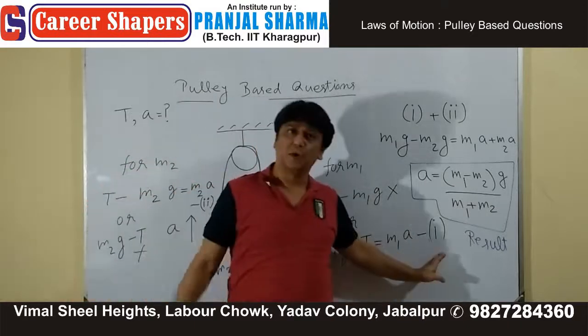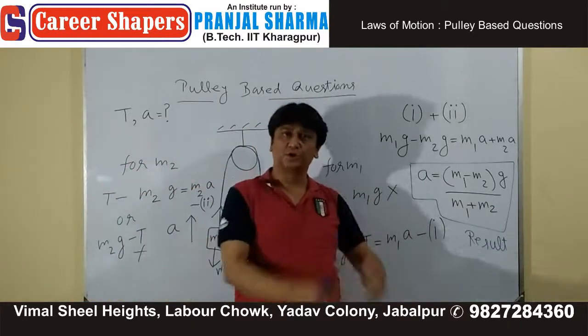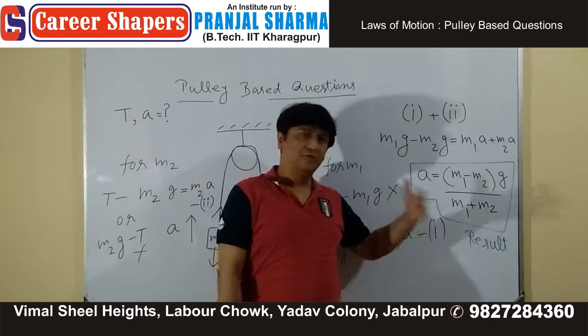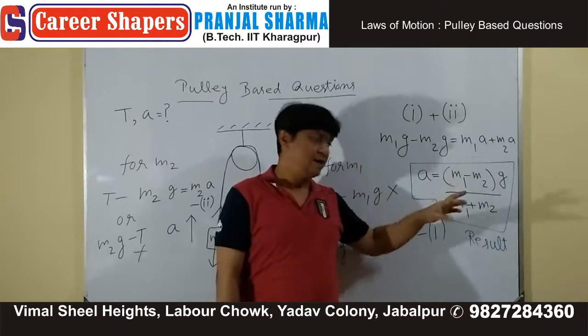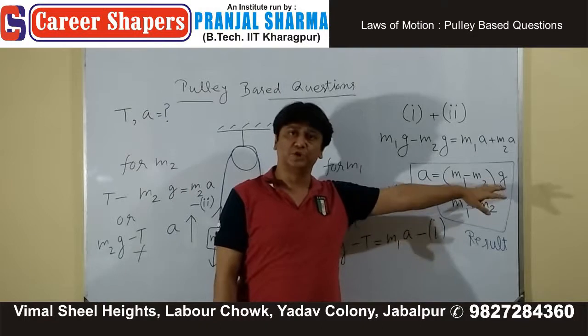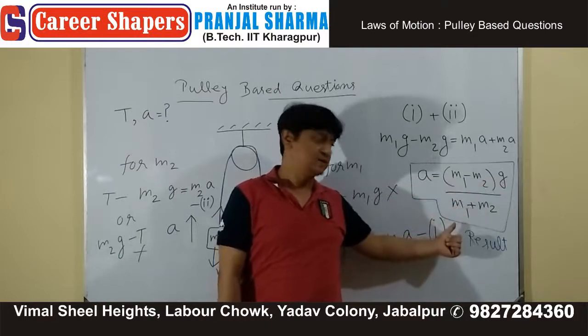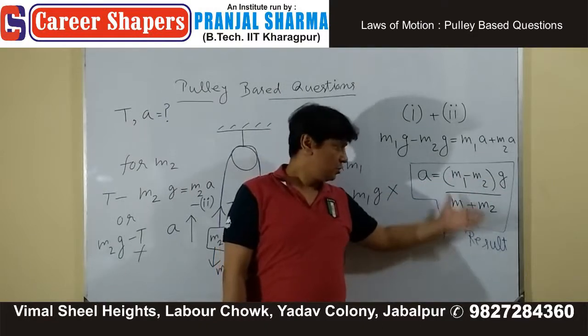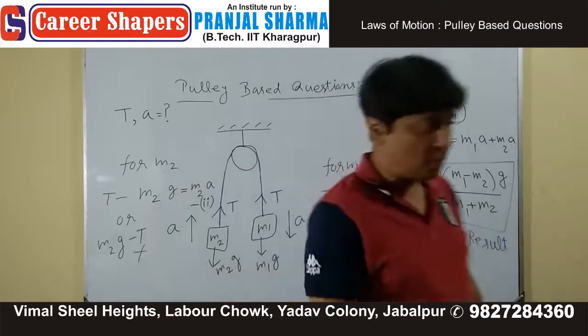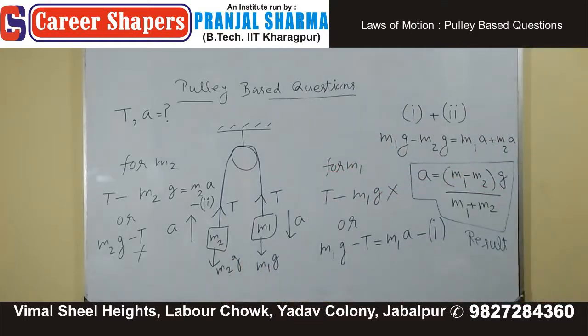Develop equation number 1, develop equation number 2, add those equations, you will get A. And for objective questions, you can simply remember: M1 minus M2 times G, all divided by M1 plus M2. Note down this. You've got the value of A. Put this value of A in any one of these equations and get me the value of tension force. You've got 1 minute's time. Note down everything and find out T.